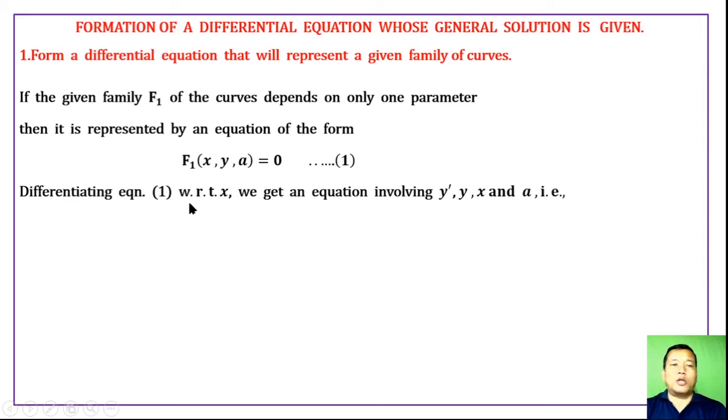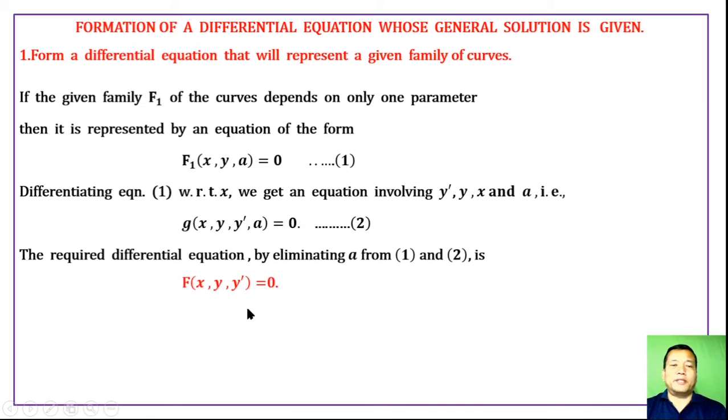Differentiating equation 1 with respect to x, we get an equation involving y dash, y, x and a, that is g of x, y, y dash, a equal to 0, equation 2.